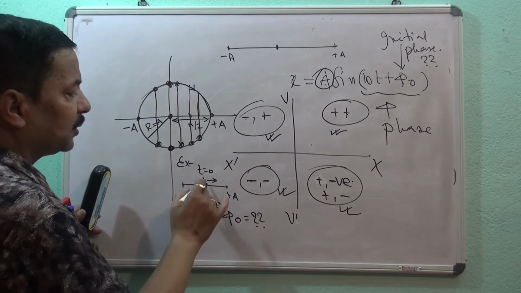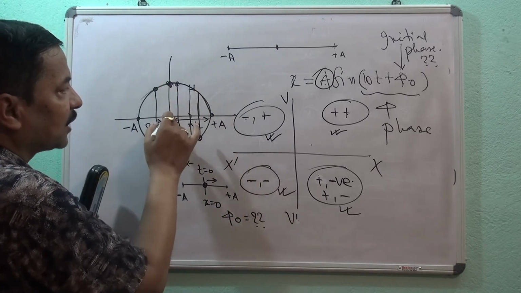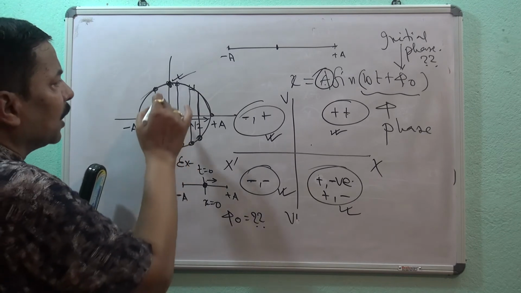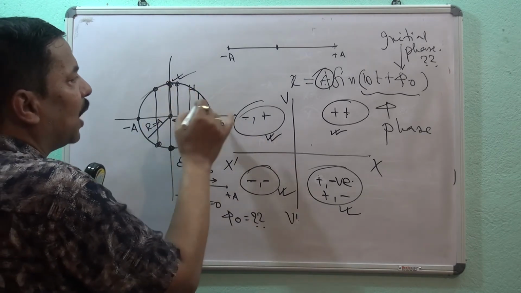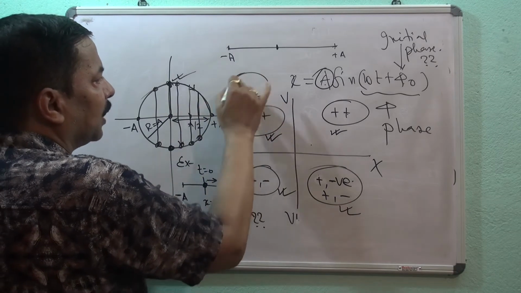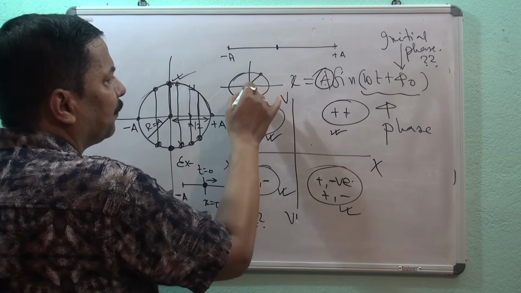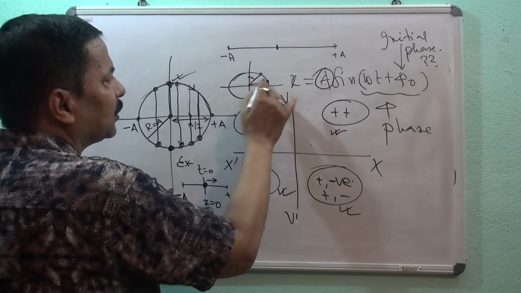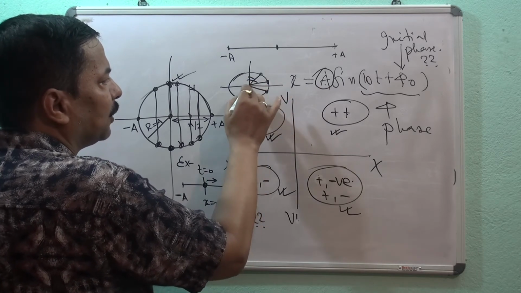But what you have observed, velocity is towards plus a, that means velocity is in this direction. So this is the correct situation, and in this situation this line makes how much with this? 0 angle. If the position is here, this will give you the initial phase.